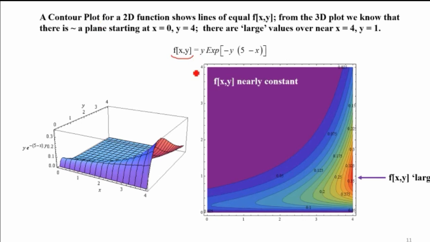So if you start at a given point, let's say you start right here, and you change x and y, but you keep the function constant, then you travel along this way, or if you go in this direction here, you'll stay on this line, and it corresponds to this function staying constant. This may be difficult to see because of the turning of the axes, but it looks to me like the maximum is right here. Here's the maximum of the function over here.